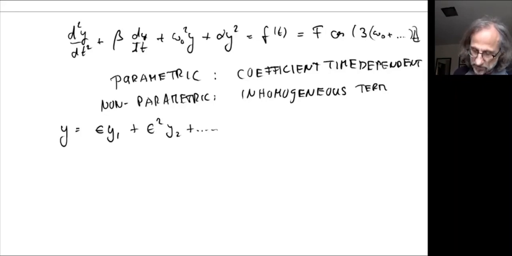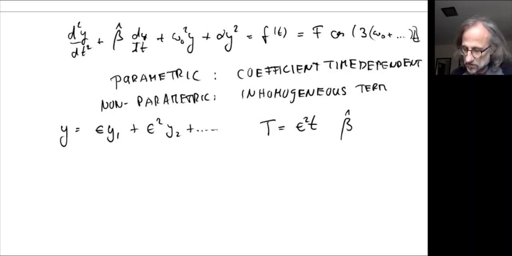We introduce this slow time epsilon squared t, and it turns out that the damping we need to pick to be order epsilon squared, so it also shows up in the final equation.